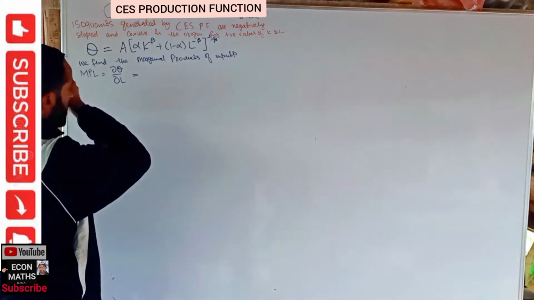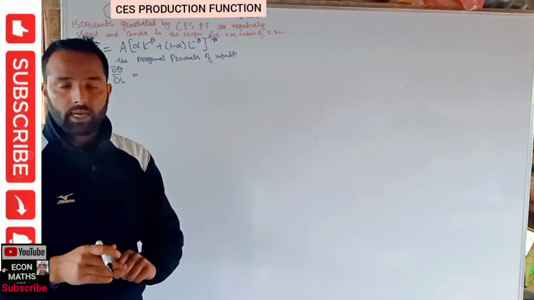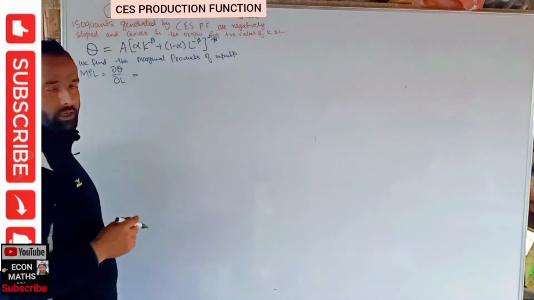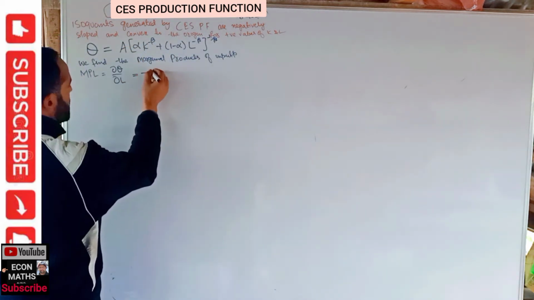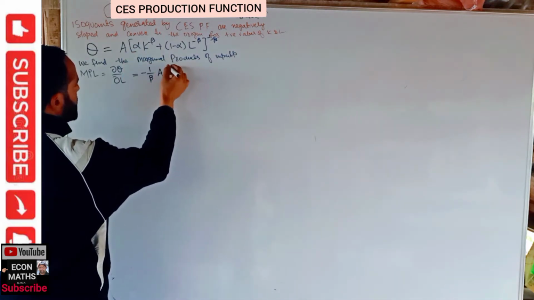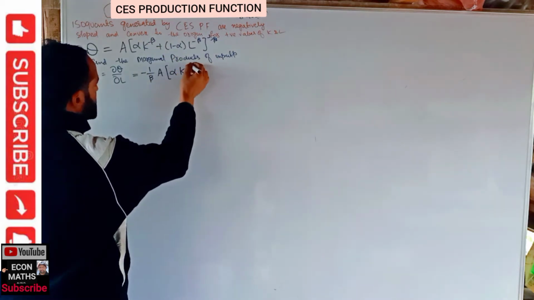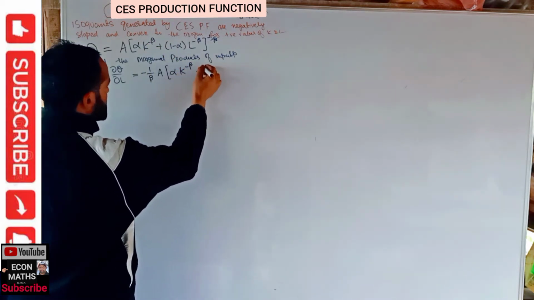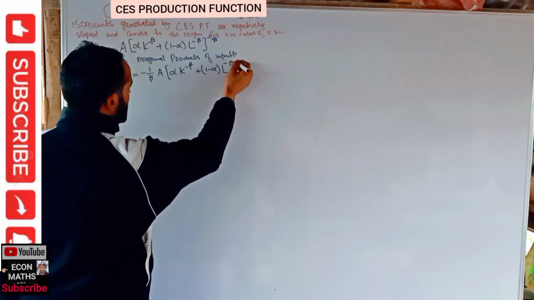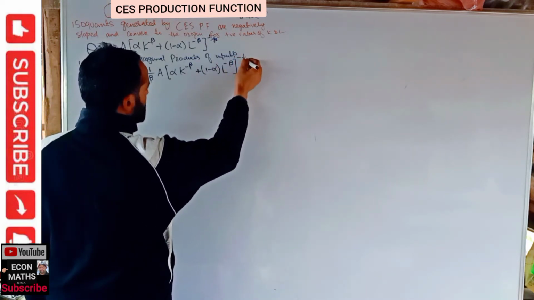Here the exponent minus 1 divided by beta will become the coefficient. We use the generalized power function rule here. So this will become minus 1 divided by beta, A alpha K to the power minus beta plus 1 minus alpha L to the power minus beta, whole power minus 1 divided by beta minus 1.